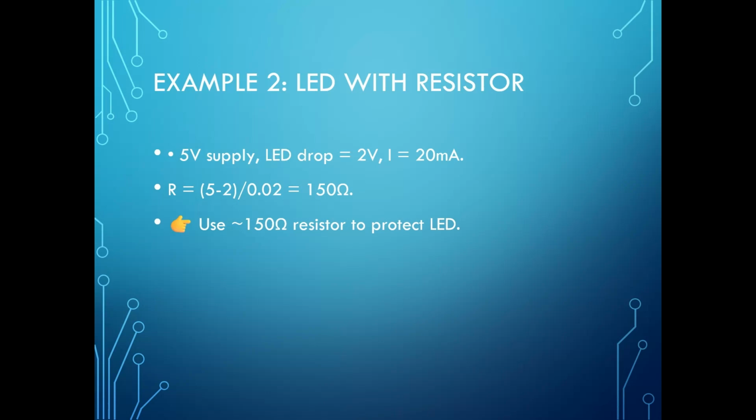So the resistor would become R equals supply voltage minus the voltage drop of the LED, divided by I. So you will have to use a resistor of 150 ohm.